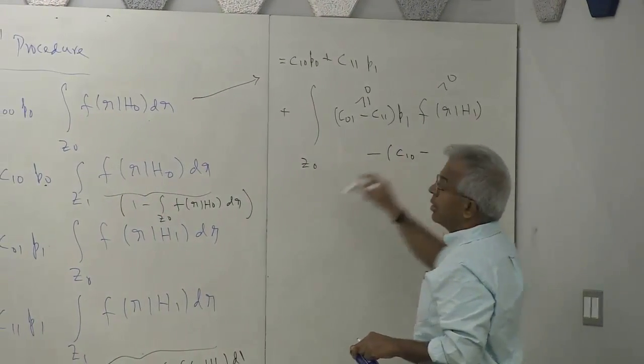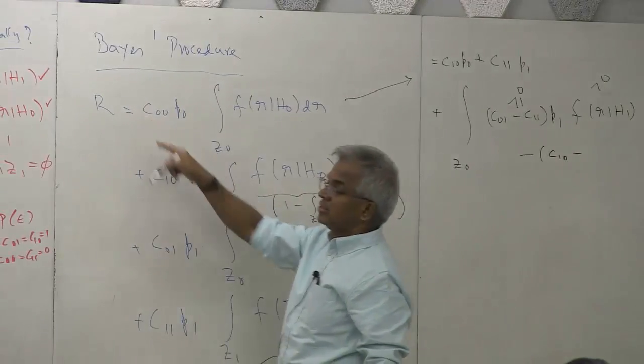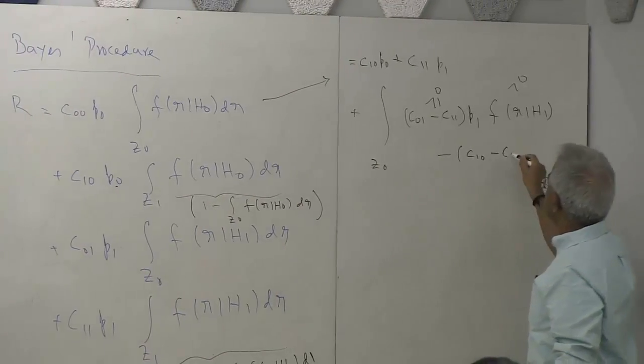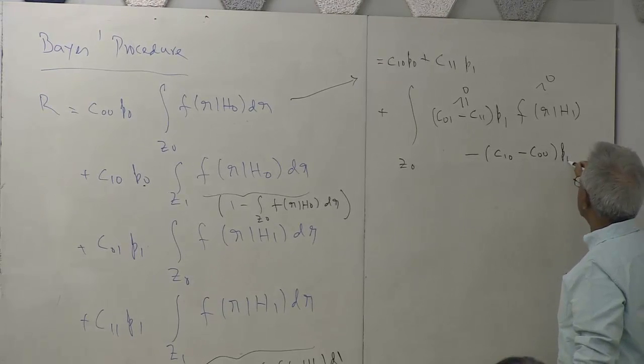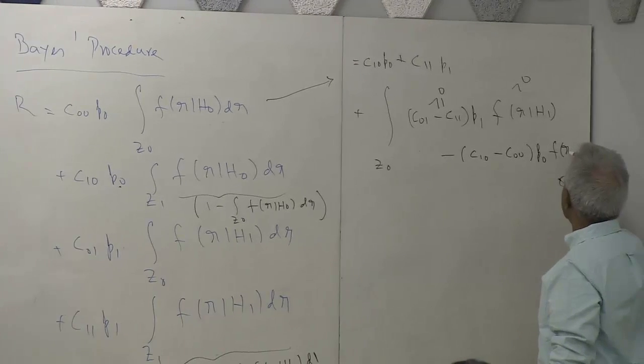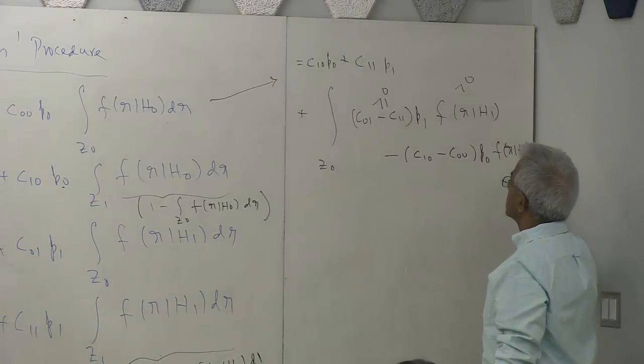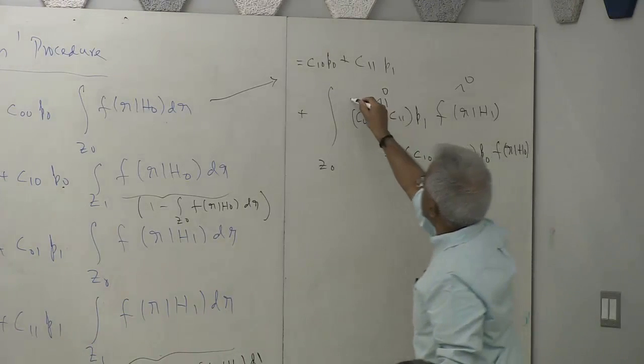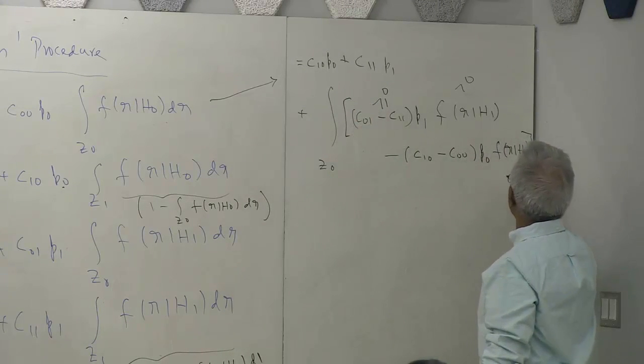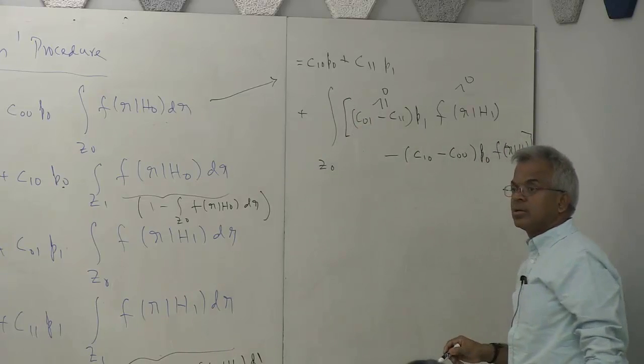So I'm going to pull the minus out, C10 minus, because this is plus, so that's going to be C00 P0 f(r given H0) dr, right?